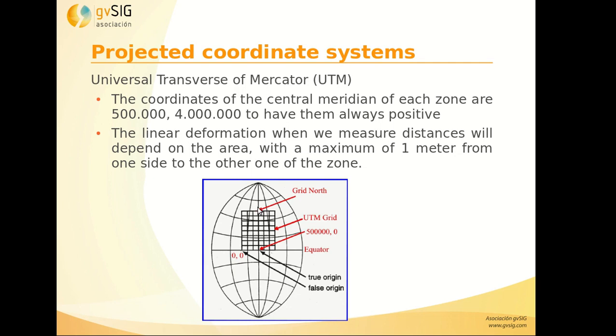The same for the latitude. The equator is 0 in the north, and in the south it is 10 million minus the distance, so there are no negative coordinates. It's the same for the 60 zones that the Earth is divided into.